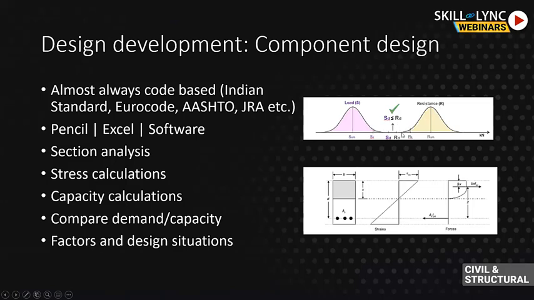And what the codes give you is the probability of a given load occurring and a probability of a resistance occurring. And they define safe bounds at which the resistances exceed the loads. And that's really what an engineer's job is about, to make sure that the resistances are more than the loads, among other things. But that's really our job, to make sure that it stands up and there's enough conservatism in the design that it's a reliable and robust structure.